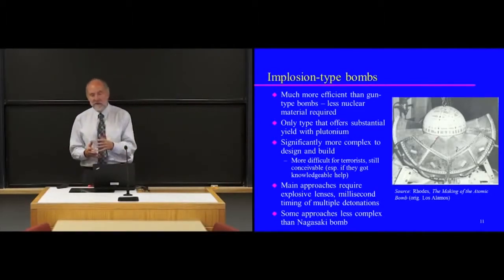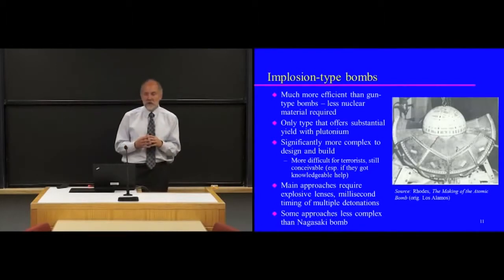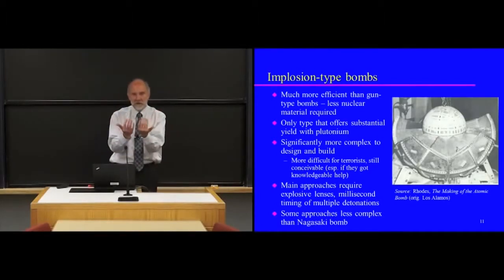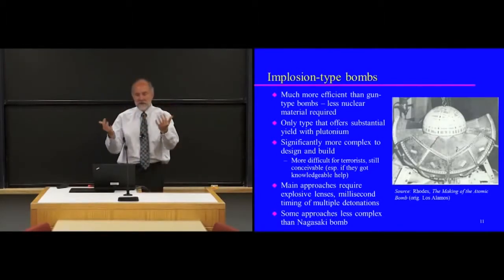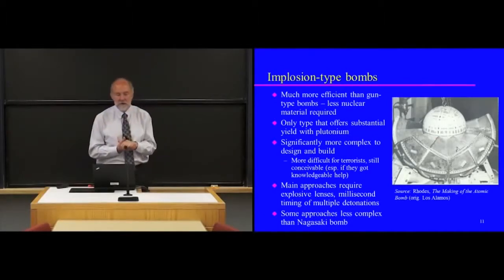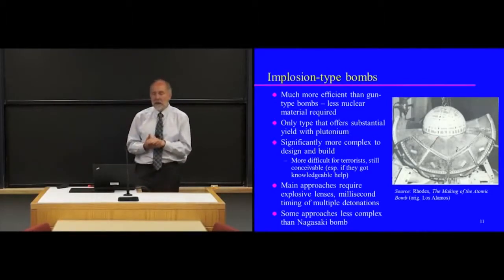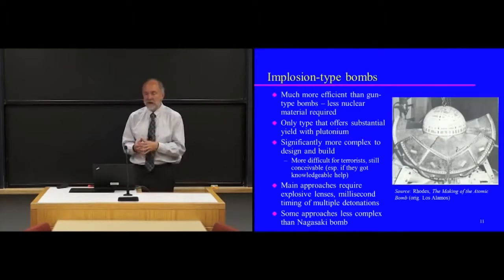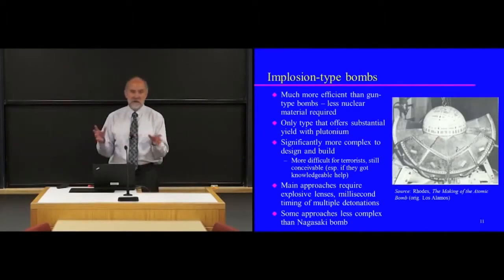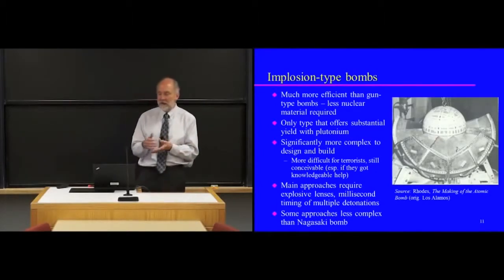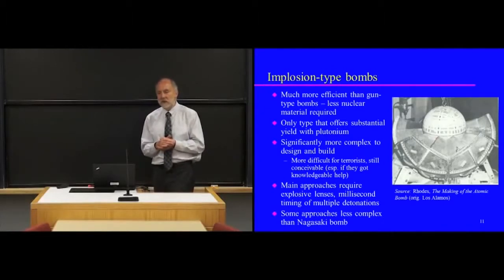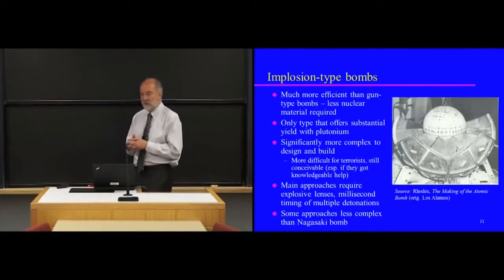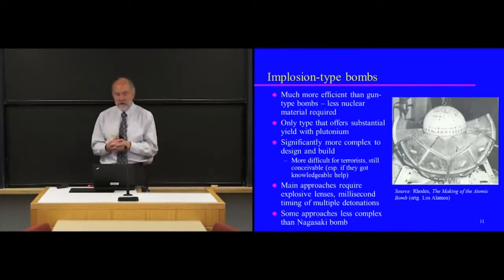So here we have a picture that shows the nuclear material surrounded with some other stuff that I'll talk about in a moment, and then surrounded by explosives. And a lot of the explosives are cut away here so that you can see what the assembly looks like. All right?